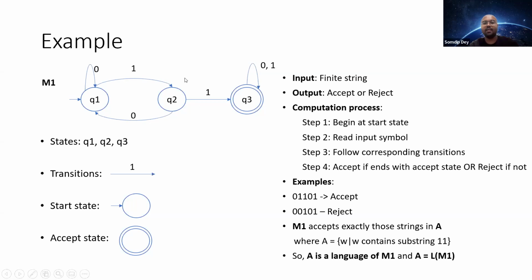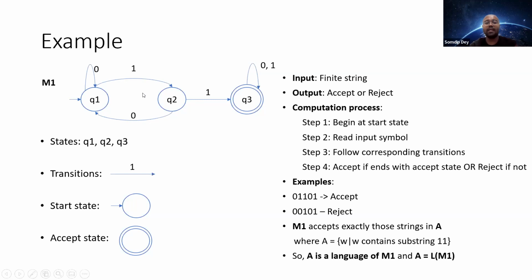Given these, let's say this finite automaton is able to accept only finite strings as input. We do not deal with infinite strings. In theory, from a mathematical perspective, we can have that, but in the case of real machines, we only deal with finite input strings.